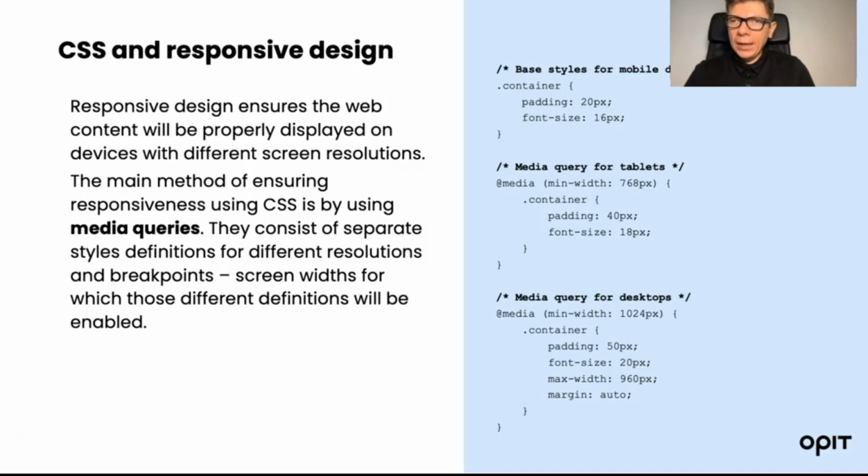Instead of defining style mainly for desktop computers, as happened some time ago, now most developers define the styles for mobile devices first, because that is the way in which most people use the website. So we define some properties and then we define two media queries specifying those breakpoints, which are those screen widths or screen resolutions that enable a particular change in styling.